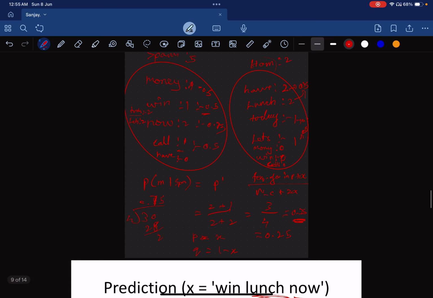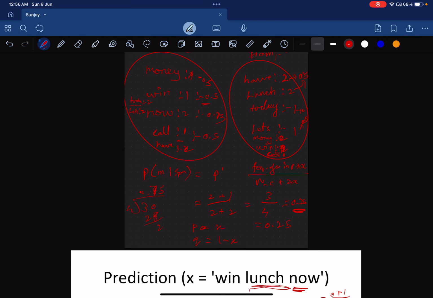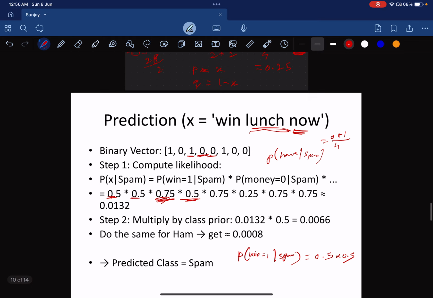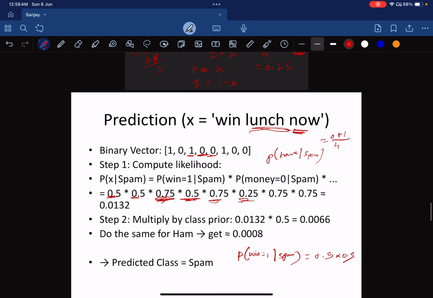Here also we have a frequency, have 2, have 2, but here we find the success rate, and for the words that do not belong to that class we find the inverse rate, that is 0.75 and 0.25. If you find all the terms, it will be 1 2 3 4 5 6 7 8.